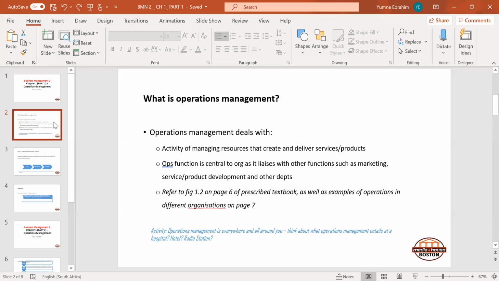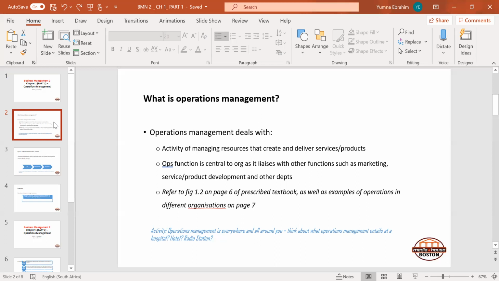Other firms like Woolworths, I buy my food from, my desserts, my cupcakes. They produce products. So Woolworths has a lot of resources that they have to manage, with the final aim of delivering the products that people want, available when they want it and where they want it.